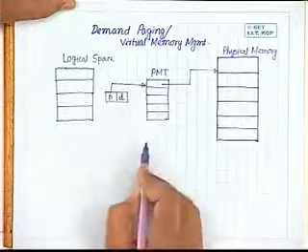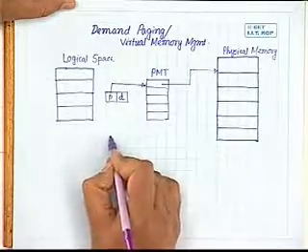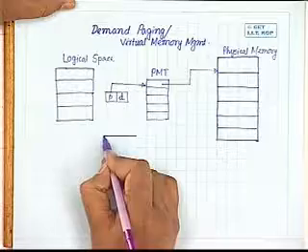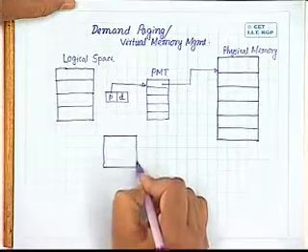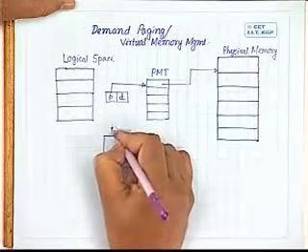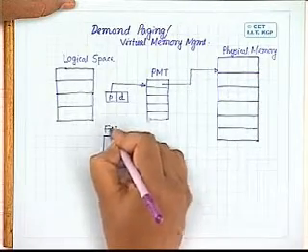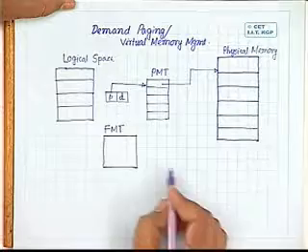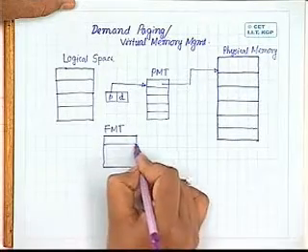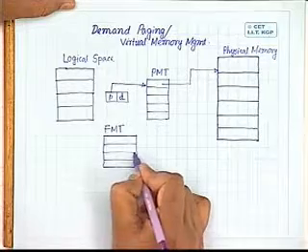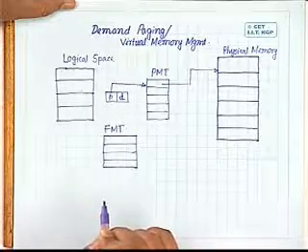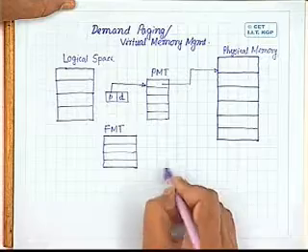So along with the page map table, we will have another table for every job which we call the file map table, or FMT. This file map table will give you the address of the secondary storage which contains different pages of the logical address space.